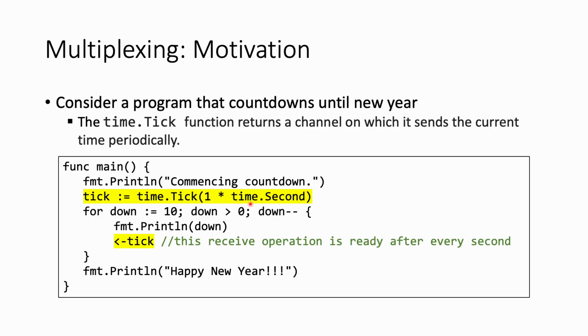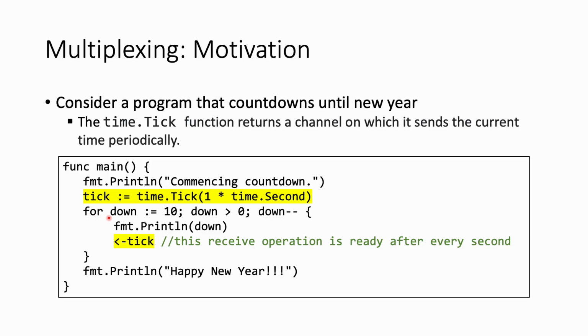In this example it is 1 second. So the call to function time.tick in this program will send the current time every second to the channel it returns. And that channel is assigned to variable tick.